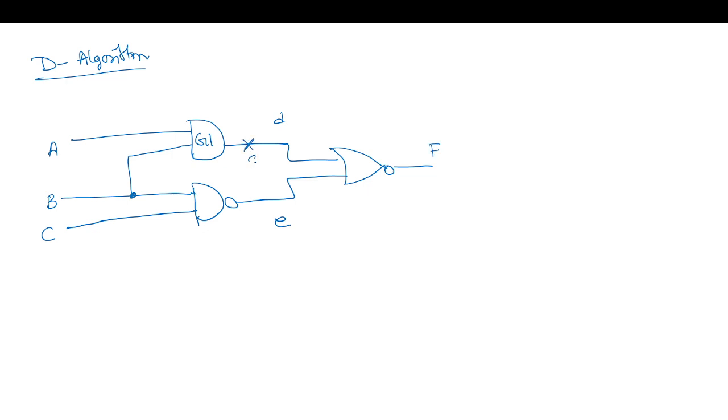So we have a stuck at 0 fault here. Consider this. To excite this, we need a 1, which means 1/0, which is D.